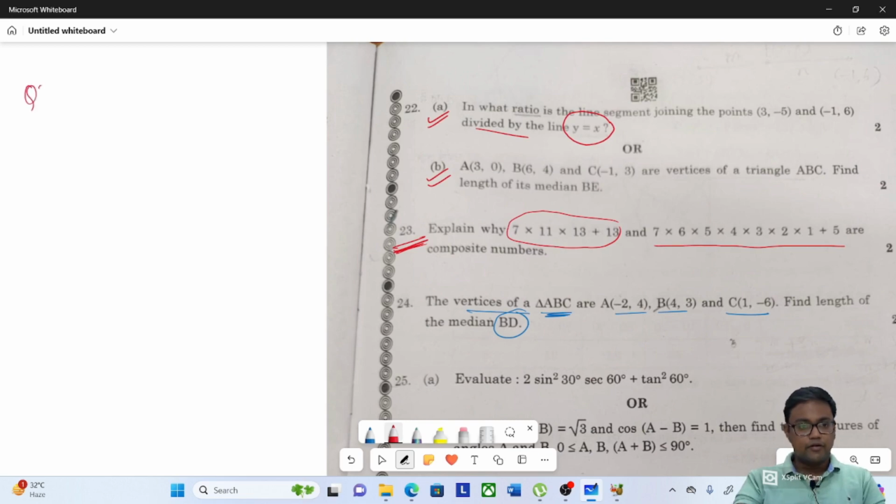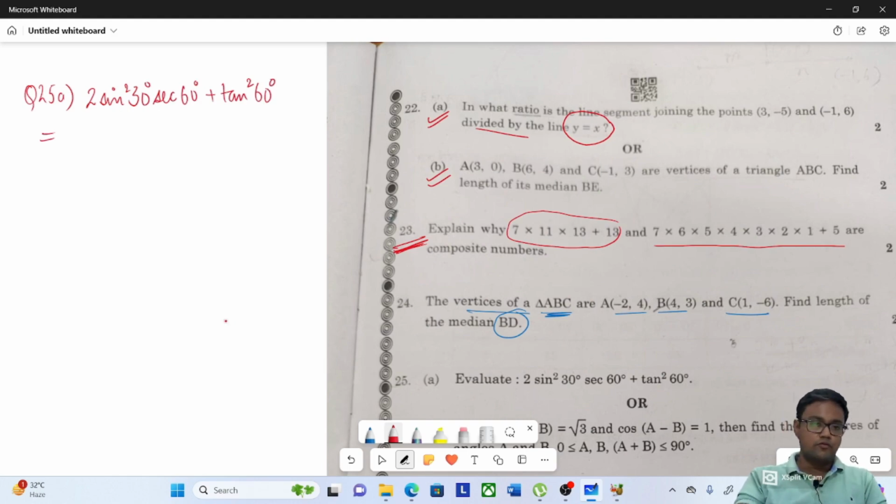Question number 25, part 1. We need to evaluate, children, 2 sine square 30 degrees sec 60 degrees plus tan square 60 degrees. So we know, children, it is a very simple concept. Sin 30 is 1 by 2, so 1 by 4 it will be, right.